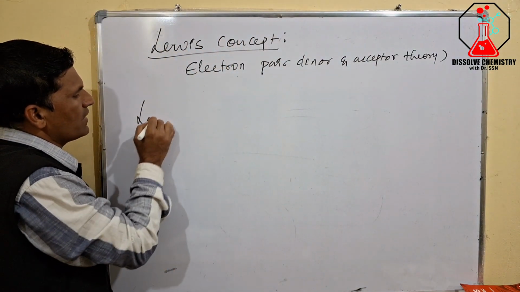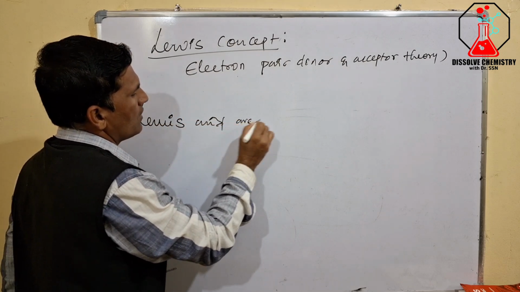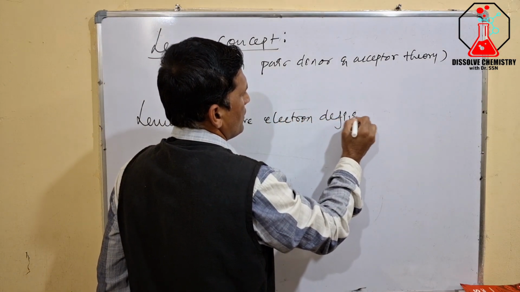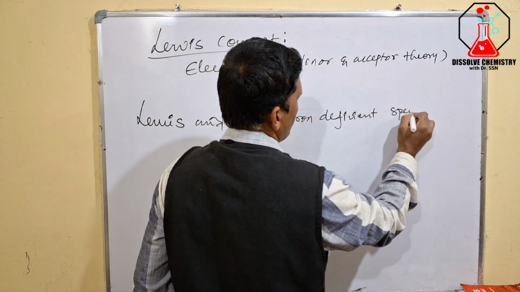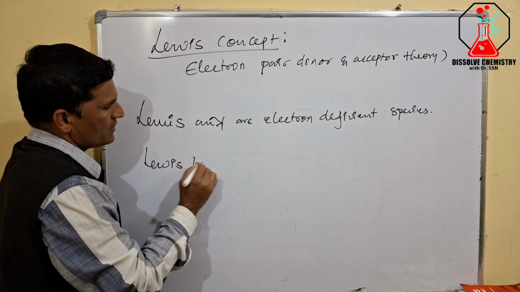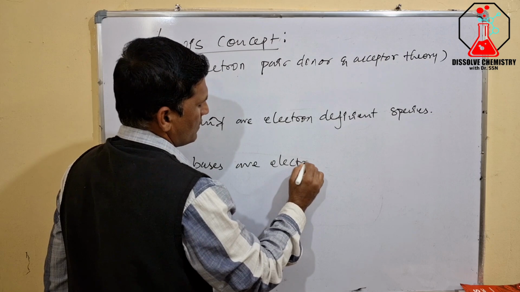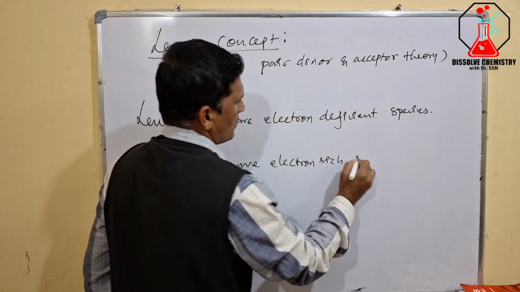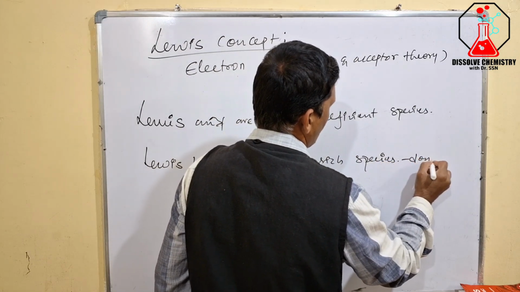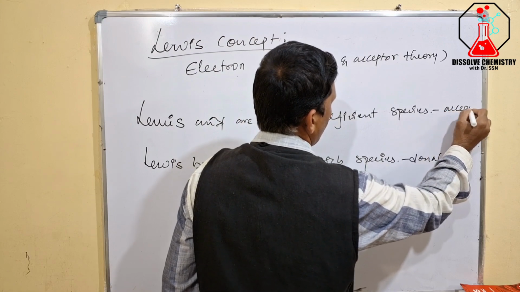Generally, Lewis acids are electron deficient species, and Lewis bases are electron rich species. Hence they donate and act as Lewis base, while the others are going to accept the electron pair.